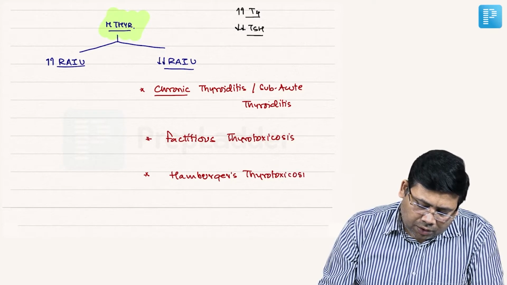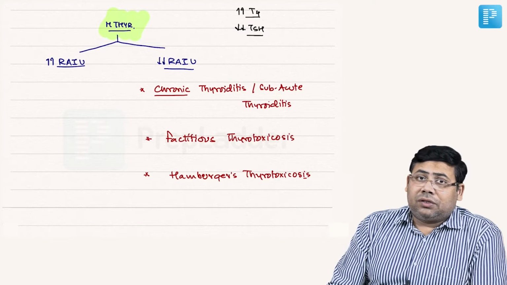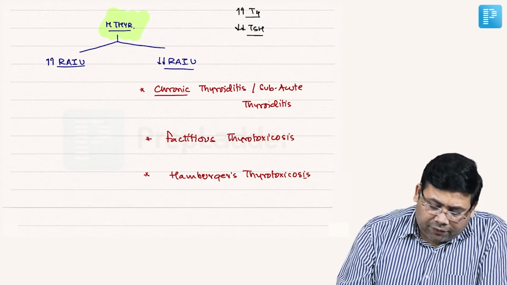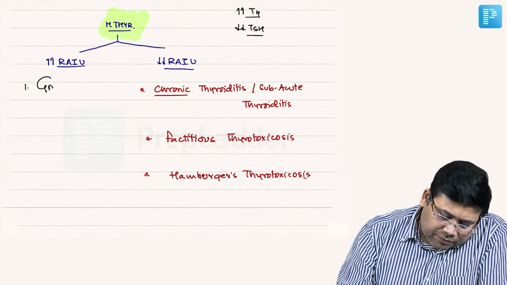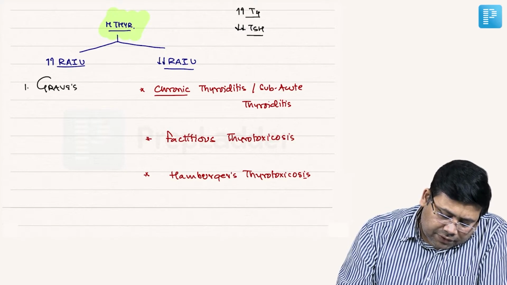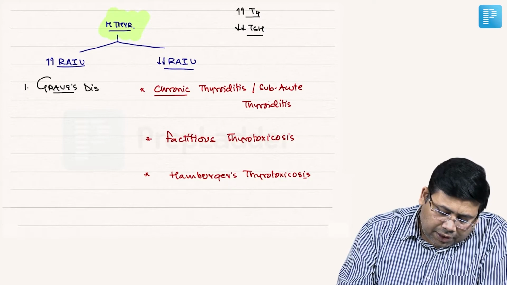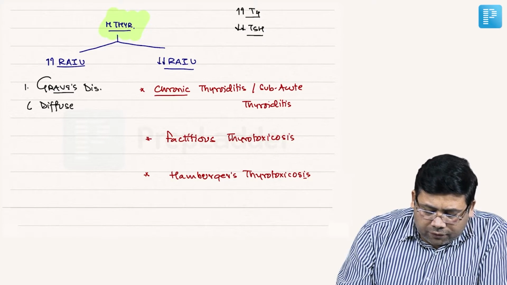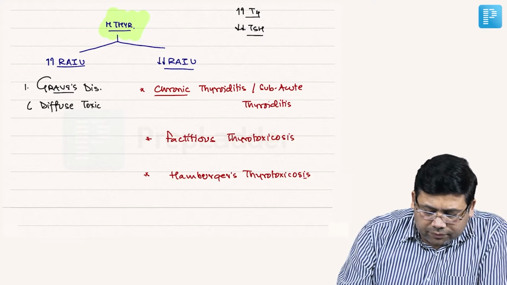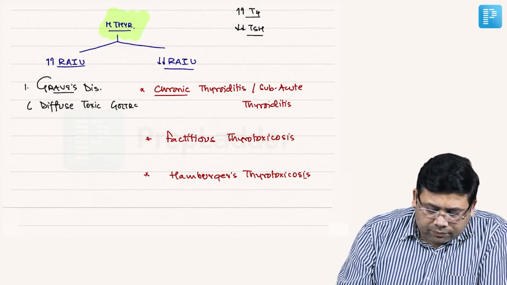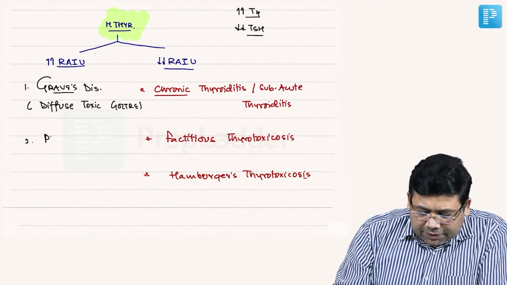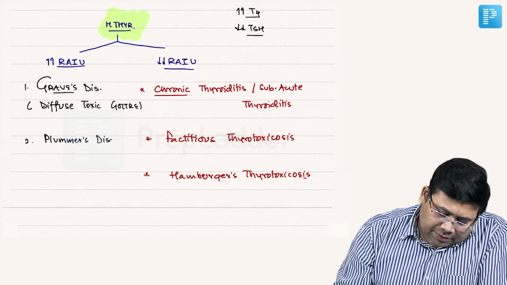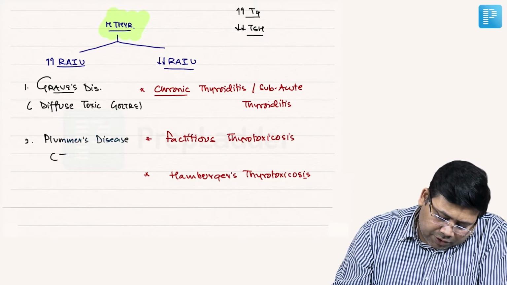Now, when we talk about increased radioactive iodine uptake, we have Graves' disease, and this is also diffuse toxic goiter. Then we have Plummer's disease, that is toxic MNG.